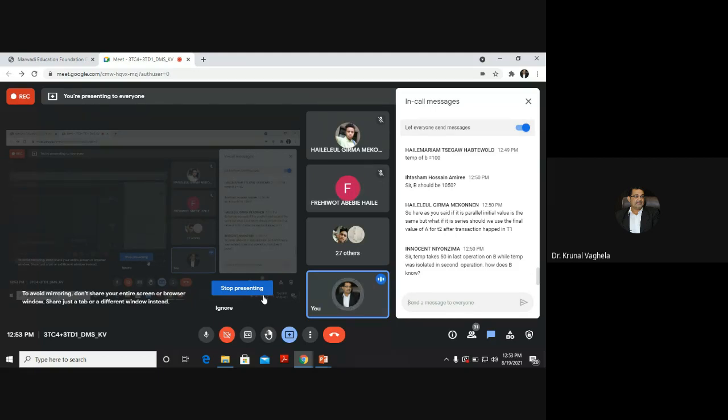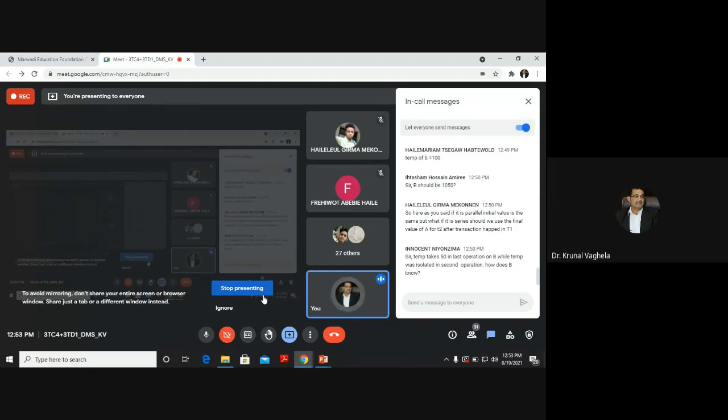So let me answer question by question. Here, as you said, if it is parallel, the initial value is the same, but what if it is in series? Should we use the final value of A for T2 after the transaction happened? I am not getting your question.